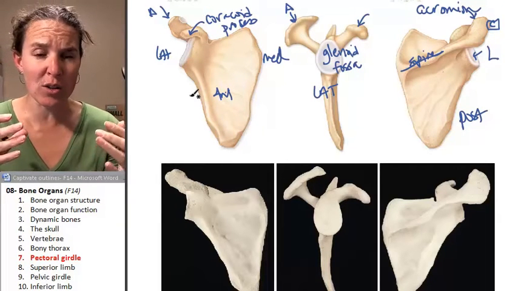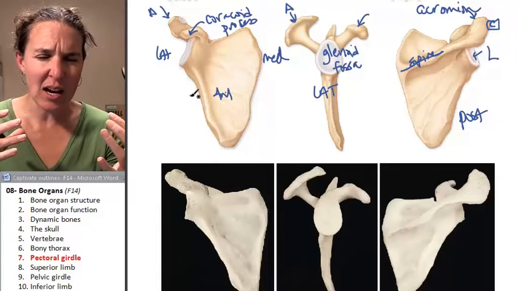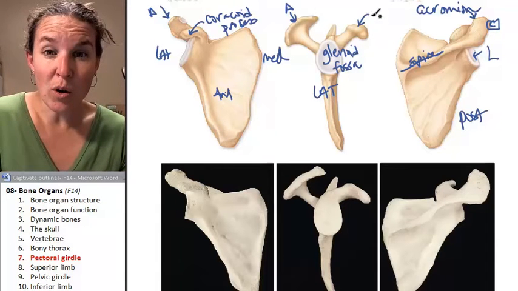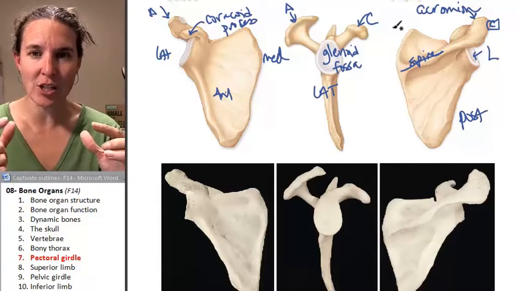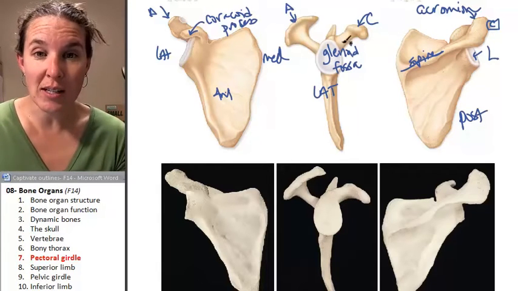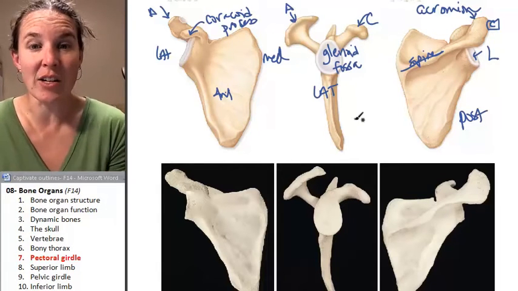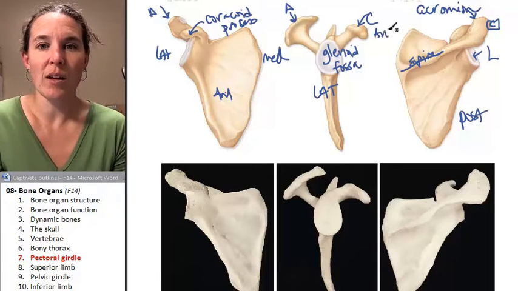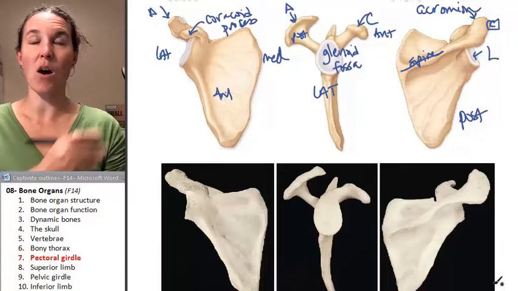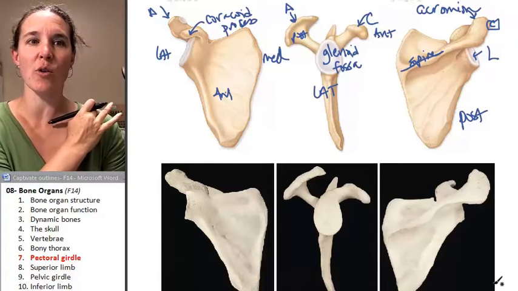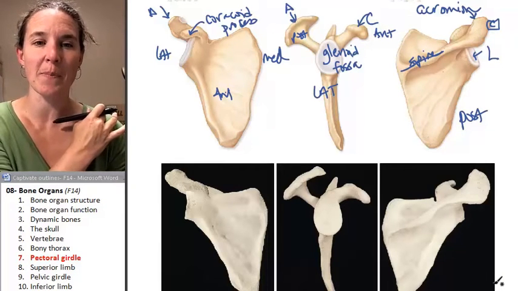So if you get confused about which one's acromion and which one's coracoid, take a look at which one is attached to the spine. The coracoid process actually comes out anterior. Although you can palpate your acromion. You can actually feel that puppy.